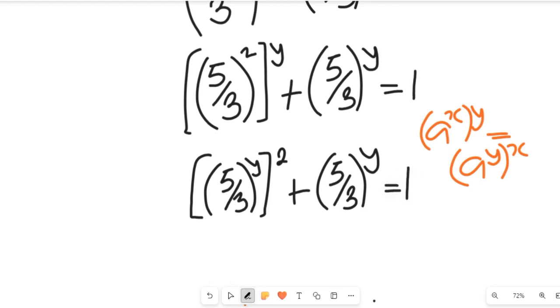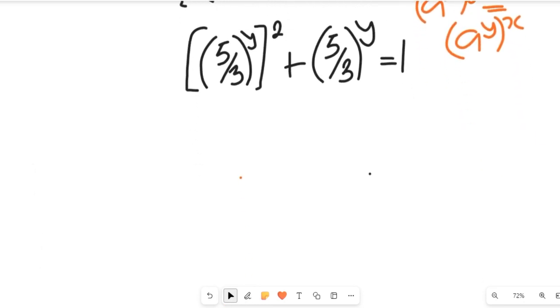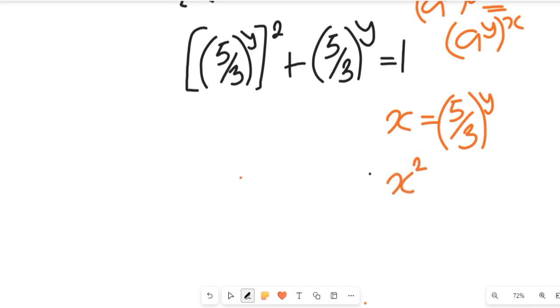Now, from this expression, you will come to see that we can simply allow the value of 5 divided by 3 to the power of y to be equal to x. So let's take x to be equal to (5 divided by 3) to the power of y. If we have that, x squared will give us (5 divided by 3) all to the power of y, squared.